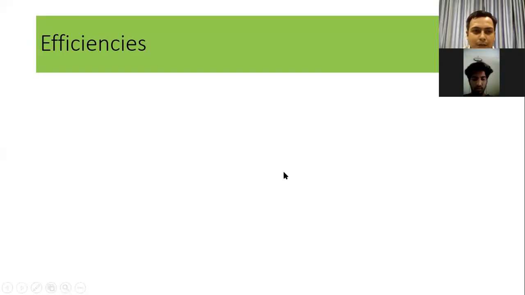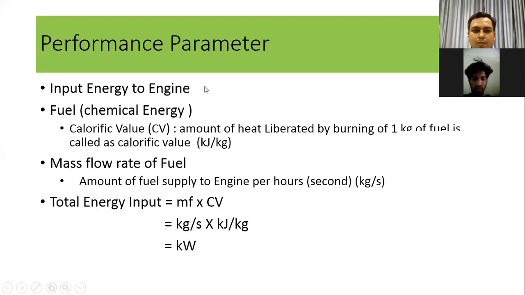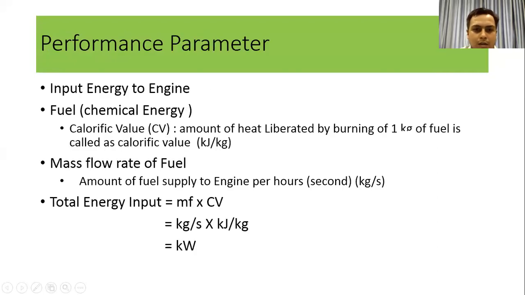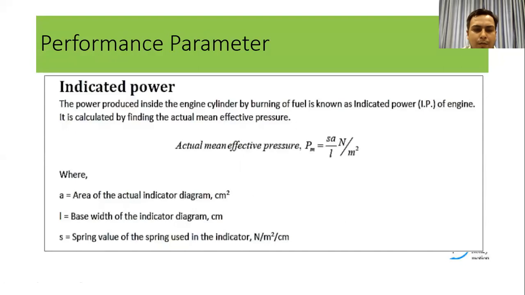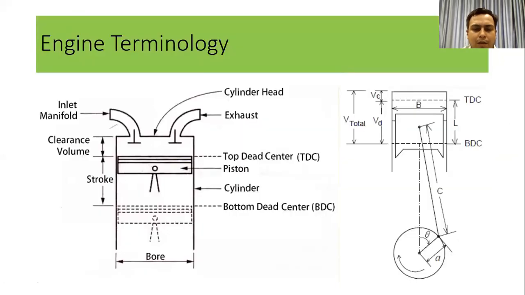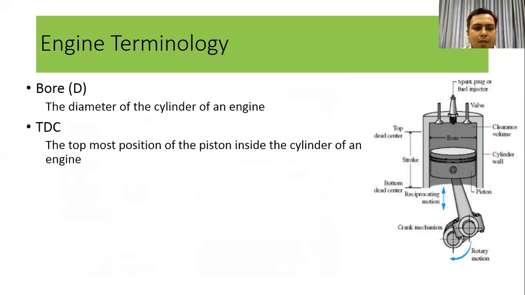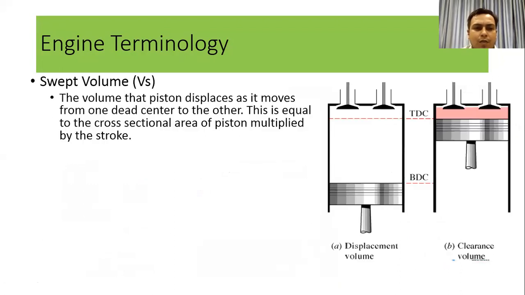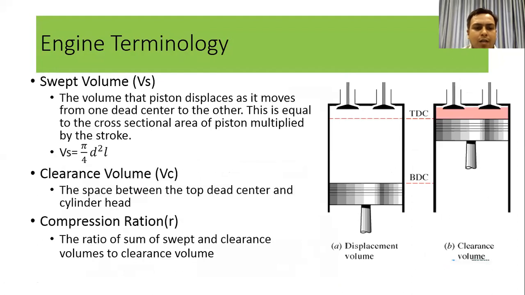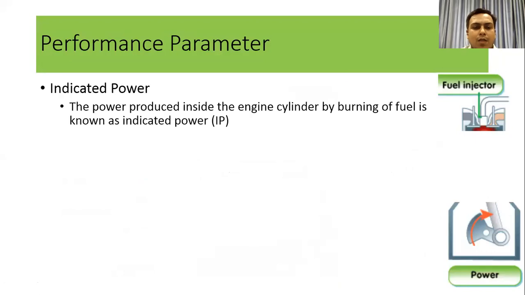Very good. So now suppose we go for a revision of engine performance parameters. We have understood the different terminologies. Among them, we have gone through bore diameter, top dead center, bottom dead center, stroke length. Then we went for the swept volume, then the clearance volume, then we discussed the compression ratio. Then we went for the indicated power.